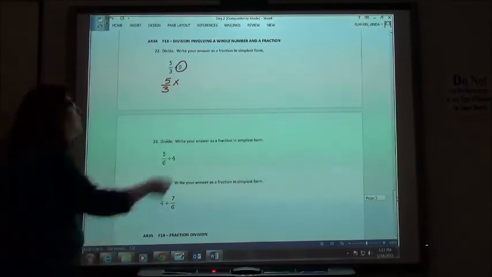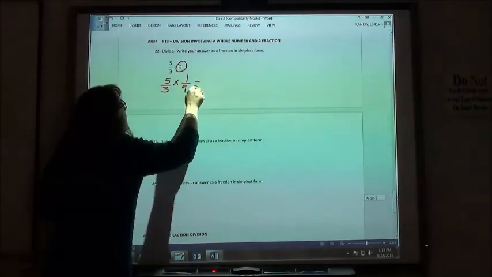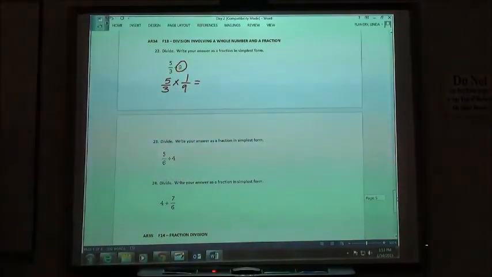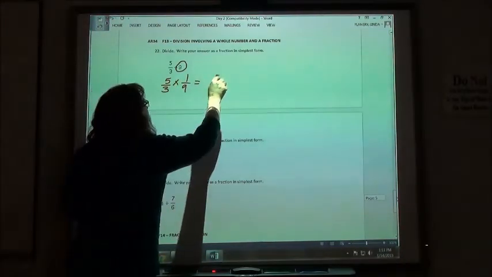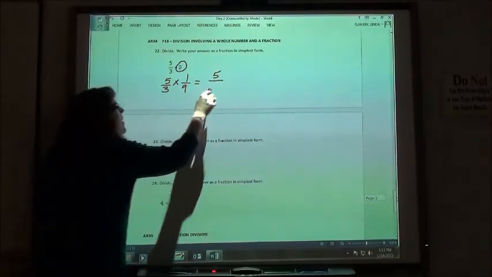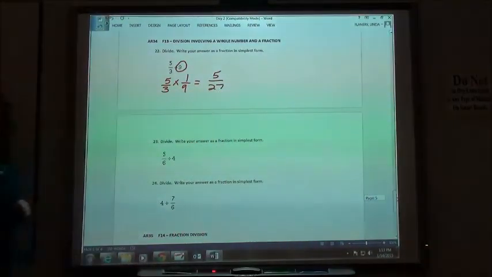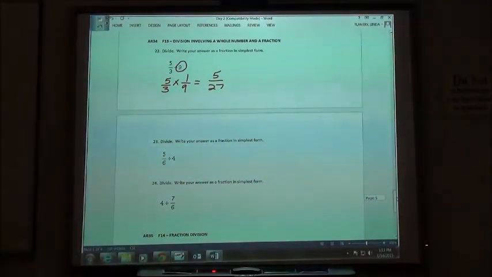The reciprocal of 9 is 1/9, exactly. Now I can do my multiplying because I already know how to multiply fractions. 5 times 1 is 5. 3 times 9 is 27. And again, if I wanted to check it with my calculator, I would just put in 5 fraction 3 divided by 9. And sure enough, I got 5/27.